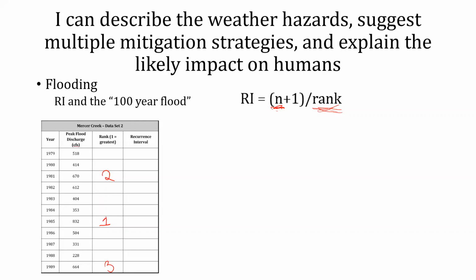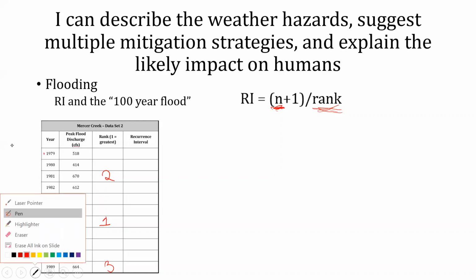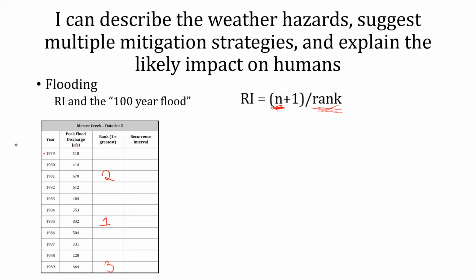And then you need to figure out what this n is. So here, 79 to 89, that's actually going to be 11 years of data. So 1, 2, 3, 4, 5, 6, 7, 8, 9, 10, 11 years of data. So n equals 11 in this example.